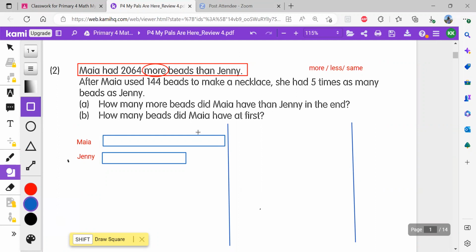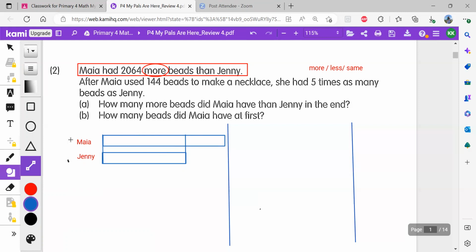Before that, make sure you cut the model into the same size. You must have the same starting point, as well as cut the model into the same length. This is an important step for model drawing: when you see two models of different lengths, cut them so that the two models have rectangles of the same length.